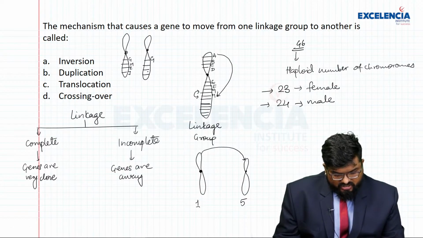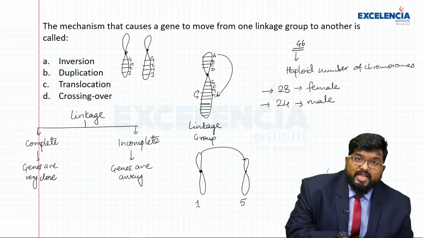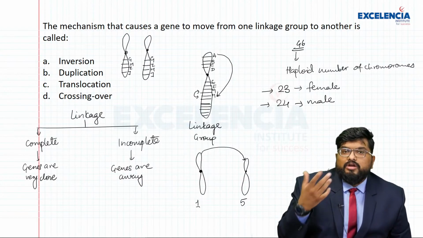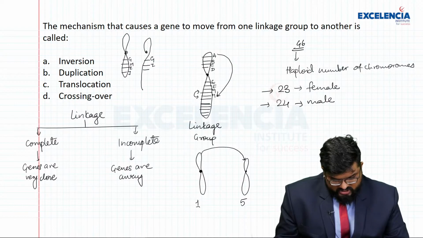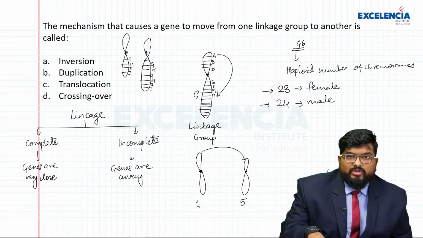So G, I, H, J. I and H got inverted, but did that happen on another chromosome? No, it happened in the same chromosome. Duplication will be simply the addition of more genes by duplication. So G, H, G, H, I, J. Can you see that G and H got duplicated and added again to the chromosome?